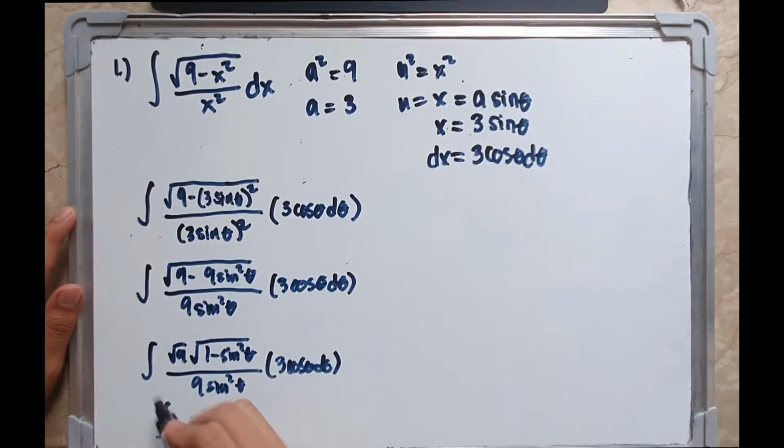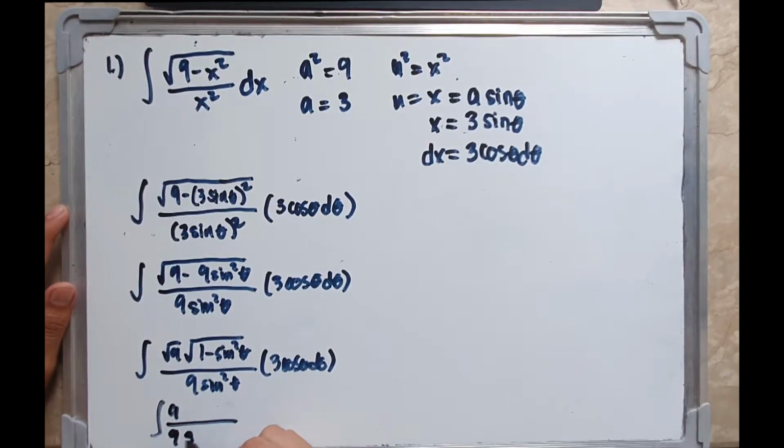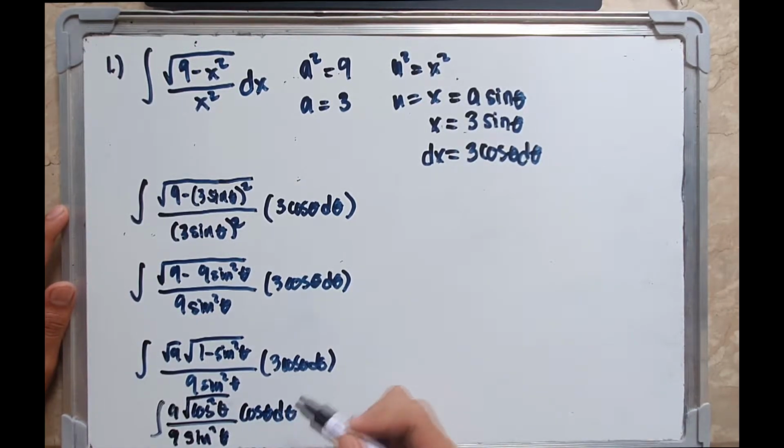So we have 9 over 9 sine squared theta. The square root of 1 minus sine squared, 1 minus sine squared is equivalent to cosine squared. And we have our cosine theta d theta.